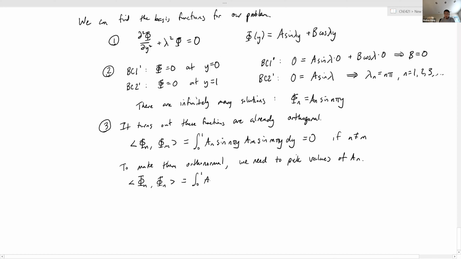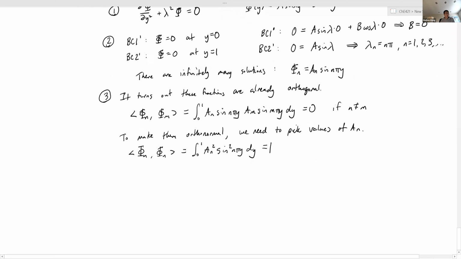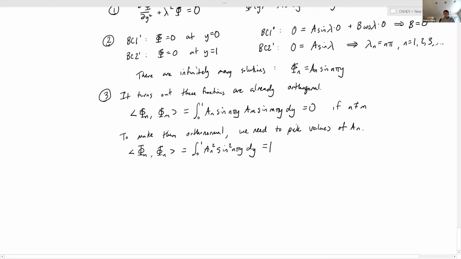The value of this integral looks like this. And this has to equal 1 to make the basis functions orthonormal. Okay? And if I calculate this integral and solve this equation for a sub n, then what I find is that a sub n is just equal to the square root of 2.